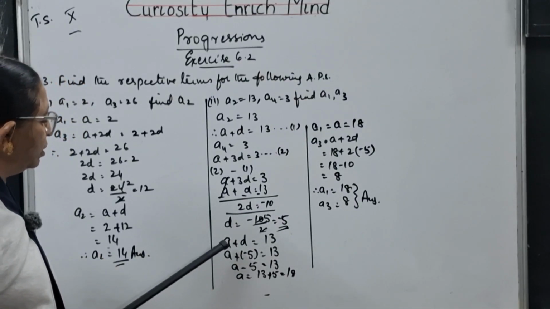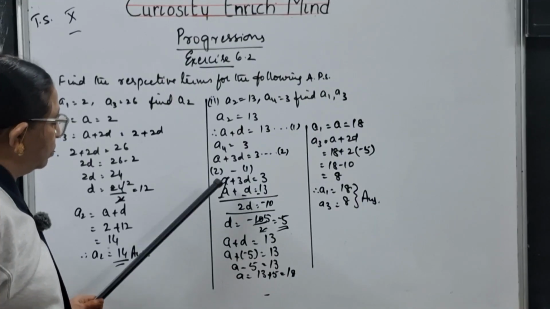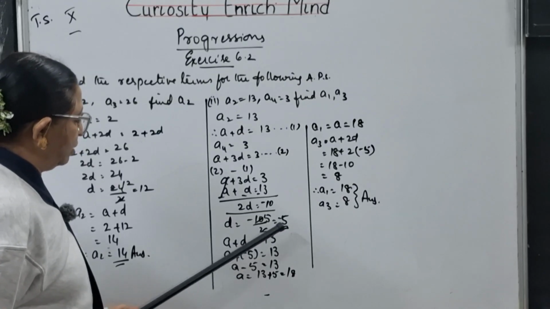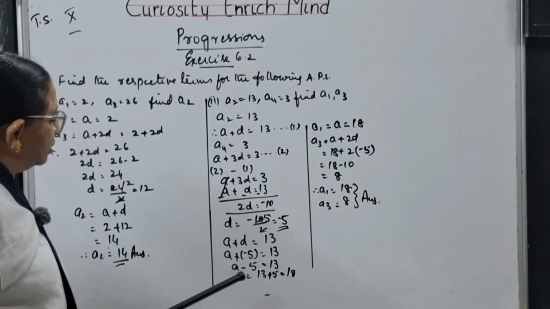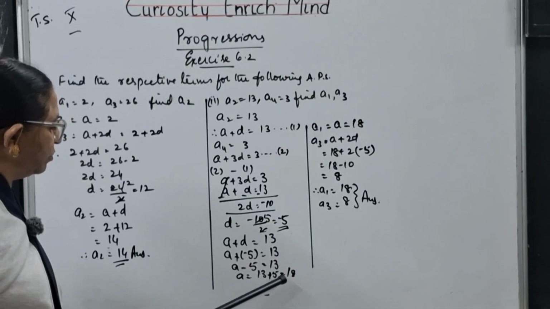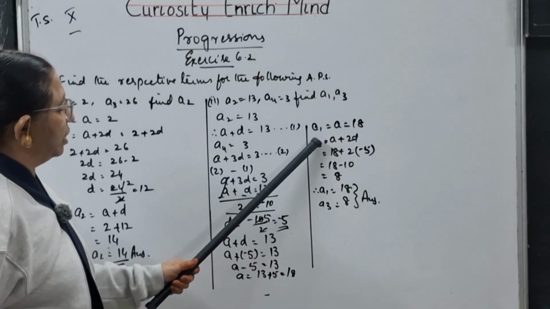Now we want A. Only D we have got. We need A also. So I am taking this. A plus D is 13. So A plus D value, minus 5, is equal to 13. A minus 5 is 13. A is equal to 13 plus 5, that is 18. So we have got A and D. Now the question is A1.